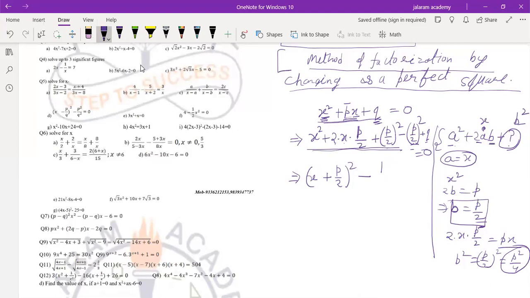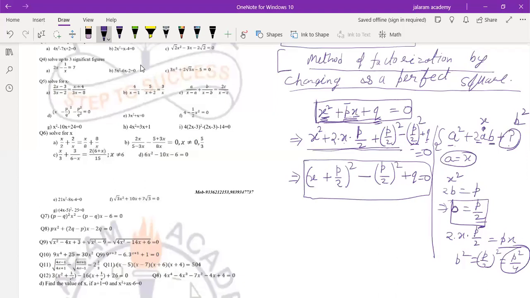As this is sufficient to change a quadratic expression of the form x square plus px plus q equals 0 into a perfect square. Means first we have to change it into a perfect square. So what do we notice?